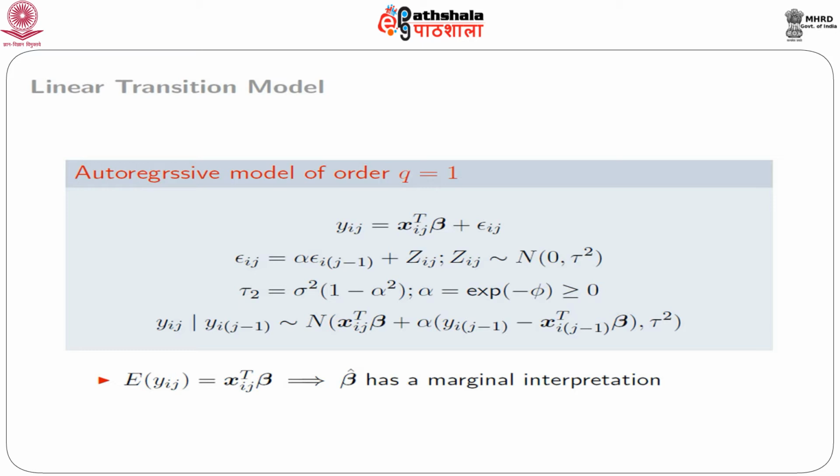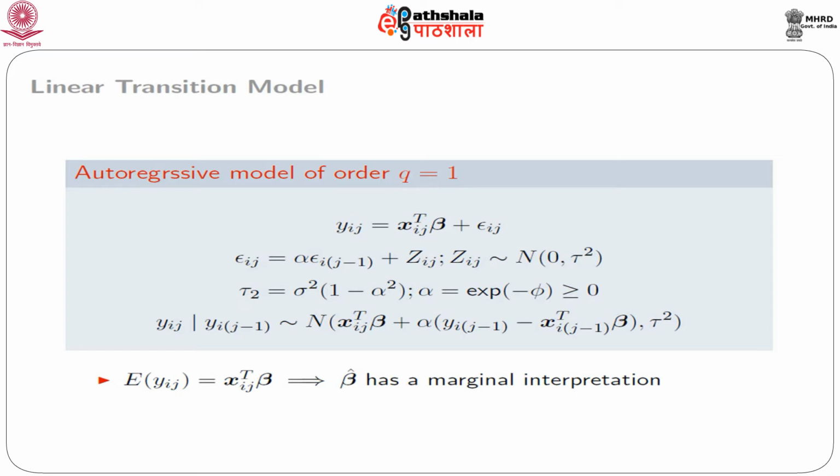So in this context, y_ij conditional on y_i,j-1 follows normal with mean x_ij transpose beta plus alpha times (y_i,j-1 minus x_i,j-1 transpose beta). So this alpha into (y_i,j-1 minus x_i,j-1 transpose beta) is what is causing the correlation.